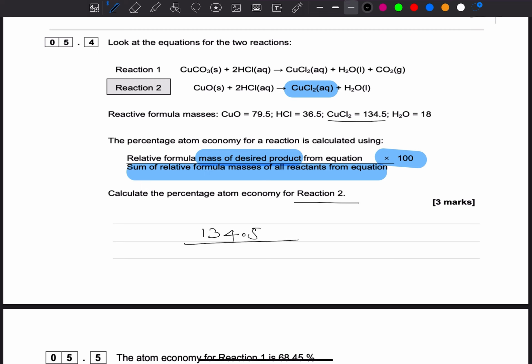divided by total sum of all the reactants. This is your reactant, this is your reactant. Remember, anything on the left hand side of the arrow is your reactant. So what is it? CuO, which is 79.5 plus 2 times, remember it's 2 times HCl. What is HCl? 36.5. 2 times 36.5 times it by 100 will give you an answer.